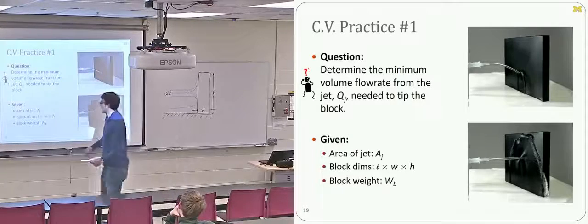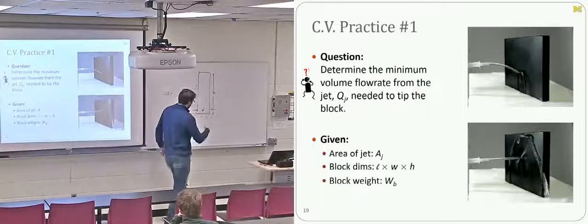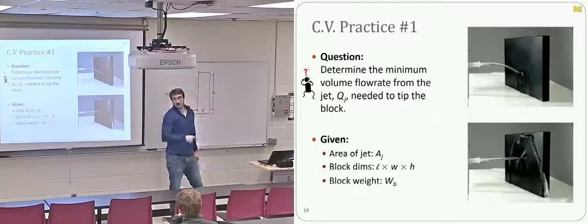Things that we're given here, I'm going to write up. So our givens for this problem are, we know the area of the jet, we know the width, height, and we'll let script L denote the width of the block going into the board.